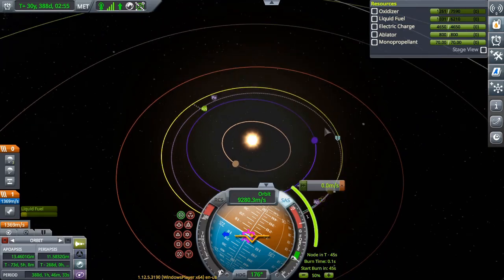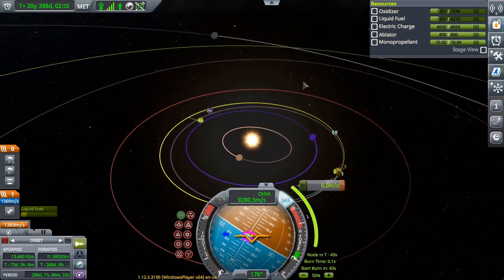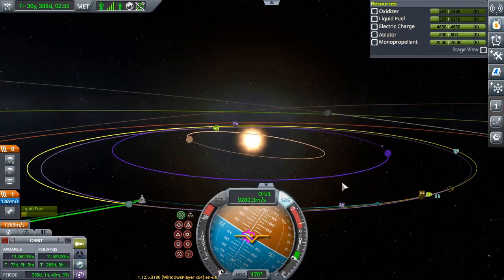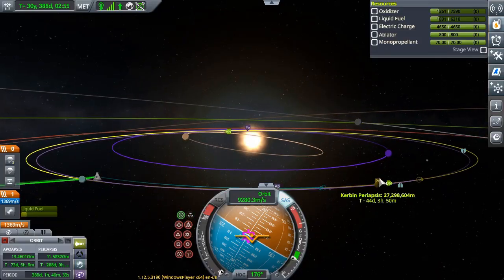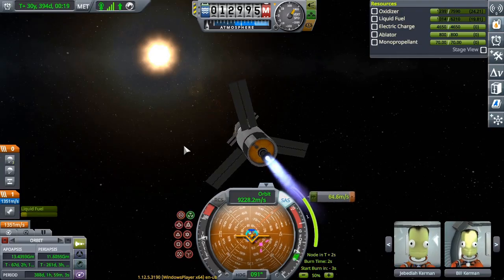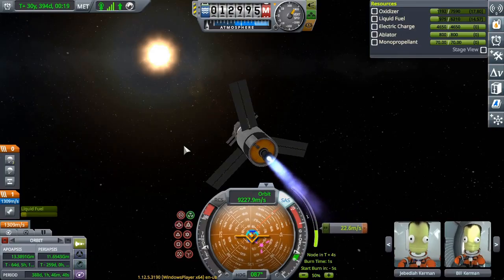Okay, so that took a bit longer than I expected, but now we're basically on a trajectory to getting an encounter with Kerbal. Right, so, if I just... Ready to point. Okay, I'm just gonna do half throttle.